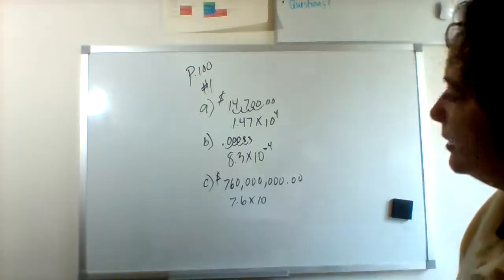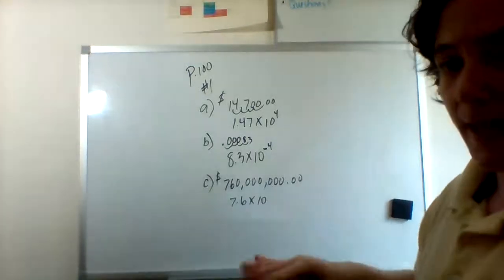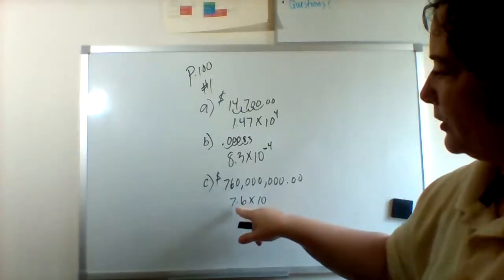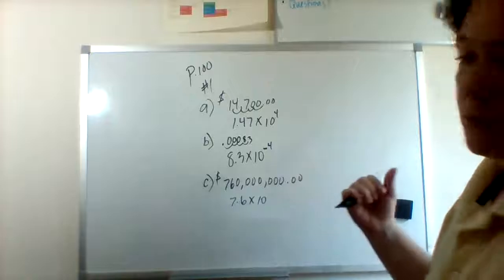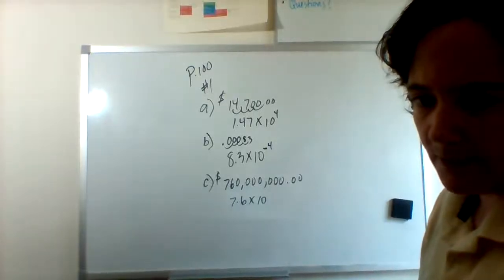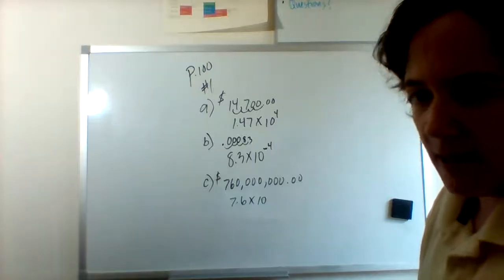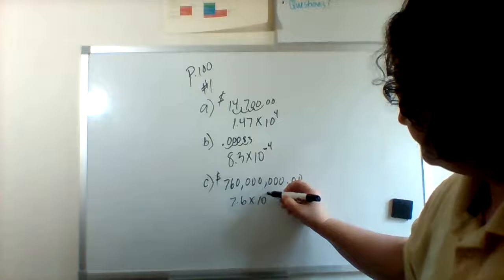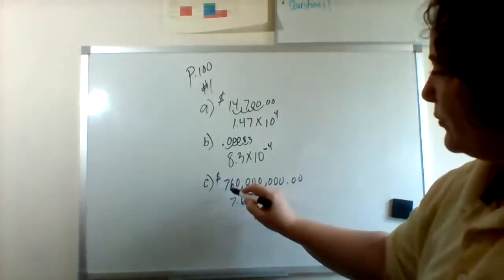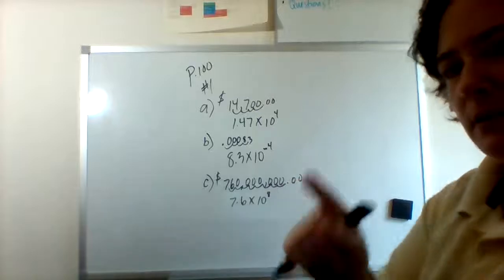Times 10 to the... Now, right? 7.6 is way smaller than 760 million. So you have to make it larger. So you're going to be moving to the right. Your exponent is positive, and Kevin says it's 8. Okay, it's 8. Let's test it out. If I start over here, 1, 2, 3, 4, 5, 6, 7, 8. Excellent.